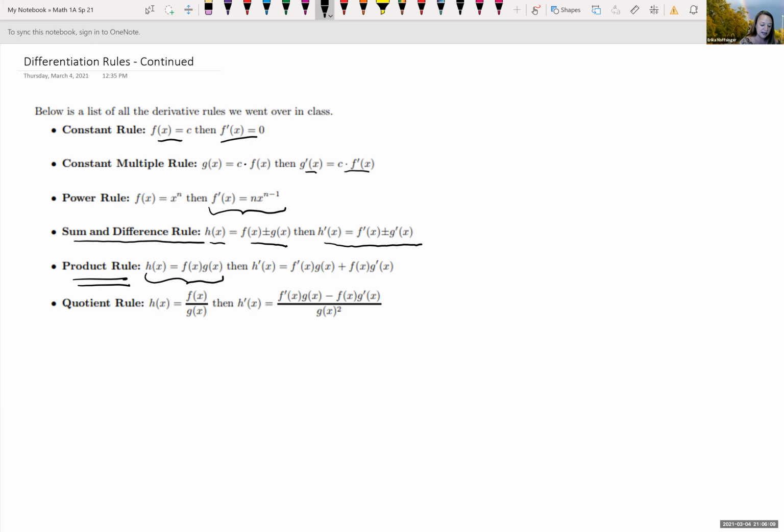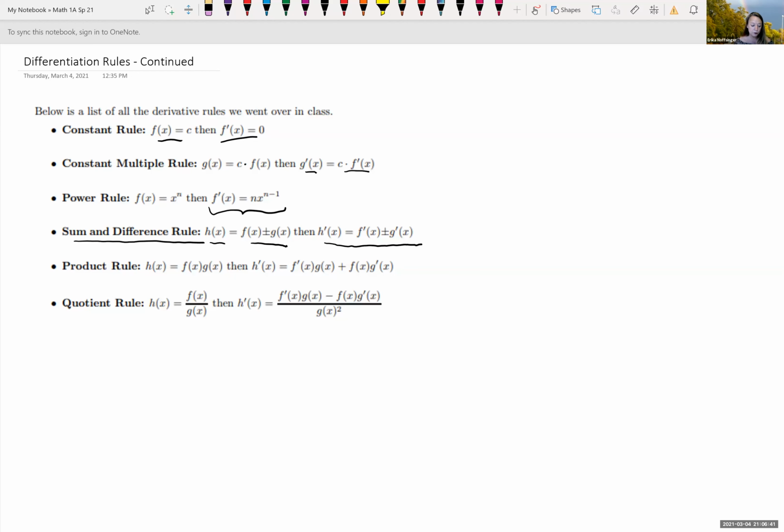We found that the derivative of h of x is equal to the derivative of the first, f prime of x, times the second function, g of x, plus the first function, f of x, times g prime of x. And by the commutative property, the sum could be in a different order and be the same thing. Depending on your textbook and your instructor, the order may differ, but they're the same.